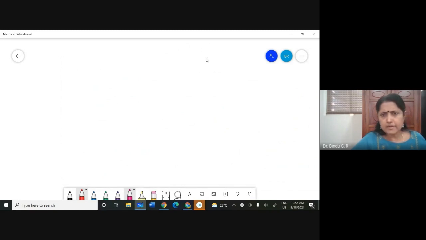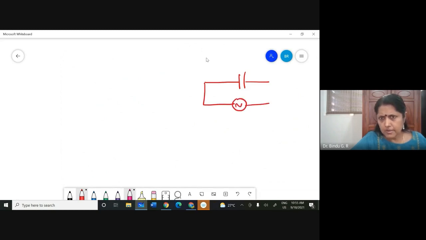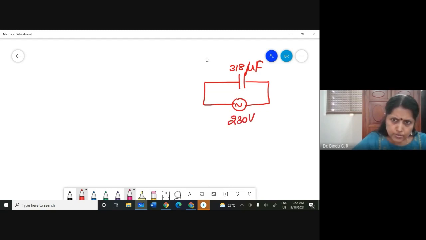Suppose I am given a purely capacitive circuit, and I'm given that this capacitance is 318 microfarad. Capacitance unit will be in farads. Here I am giving a supply of 230 volt 50 hertz. I'm asked to find out the capacitive reactance.